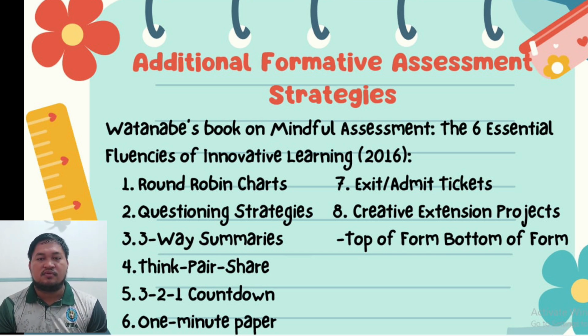For example, the teacher divides the class into 5 groups, and then gives a certain topic. Each group writes down their answer, then passes the chart to another group to add more ideas. That's how the round-robin chart works.